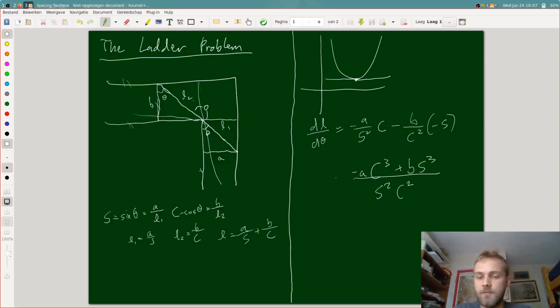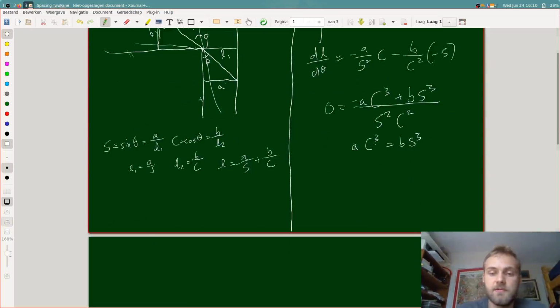And remember, we're looking for the point at which this is 0, so we're going to set this to 0. And from this we get A C cubed equals B S cubed. From here we just get A over B equals S cubed over C cubed.